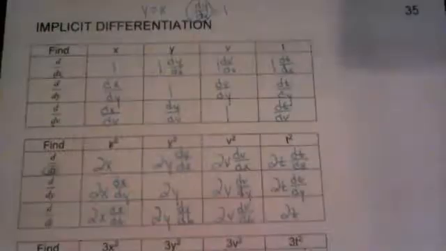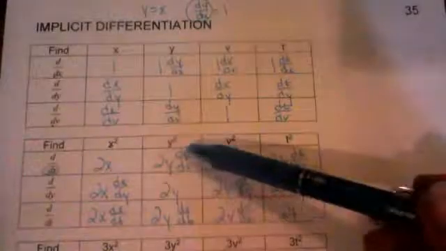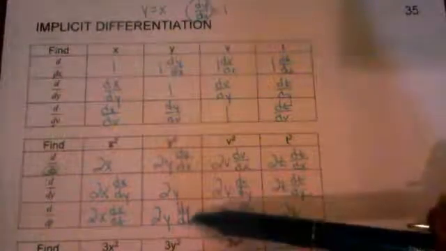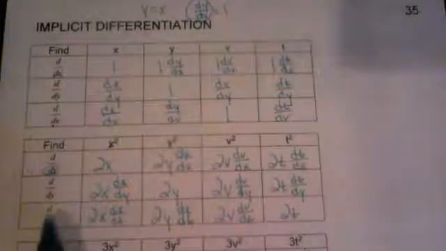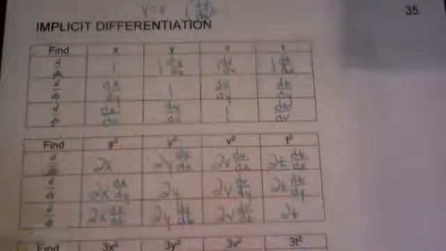So you can fill out the rest of these charts and then I'll check back with you. I'm going to fill them all in real quick and then you can make sure you have them all correct. Okay, so I'm going to leave these here for just a minute so you can double check your work as well. But all of the y's are going to have a dy with the lower portion being whatever you're taking the derivative with respect to.